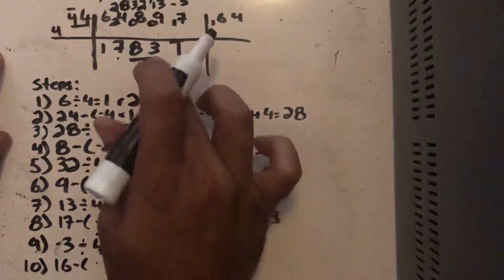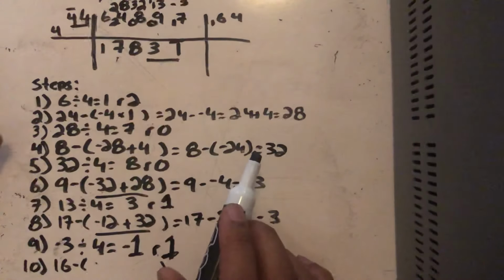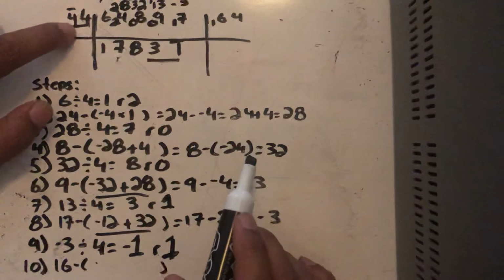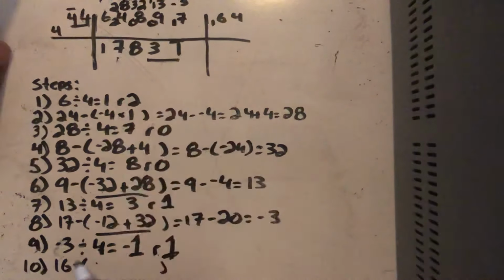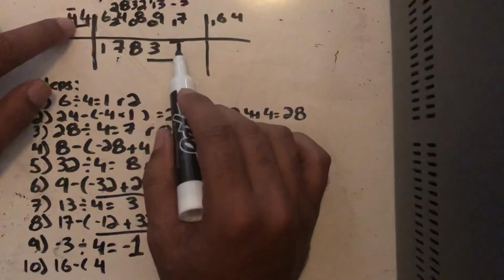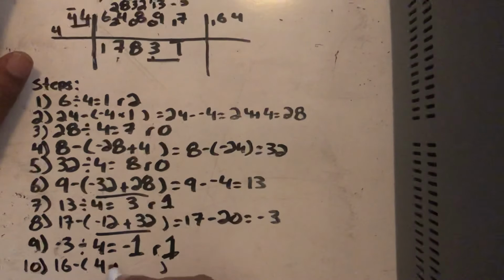So I have to work with these two and then these two. Okay, so let's be really careful. -4 times -1 is just +4. Negative times a negative is a positive. 4 times 3 is 12, so plus 12.